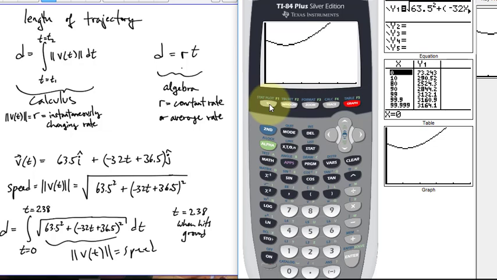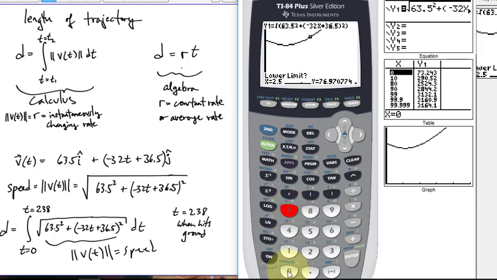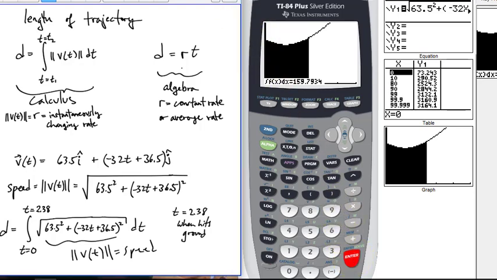So to get the area under a curve, we can go to second calc, once we have the function in, and then pick number 7, that option here. And the lower limit I want to take is 0. And the upper limit I want to take is 2.38, roughly. And it's finding the area under the curve up to that point. I get about 159.8, let's say. 159.8, okay.